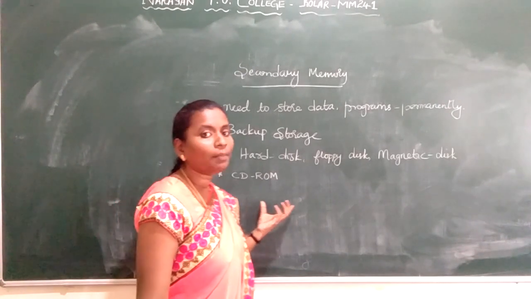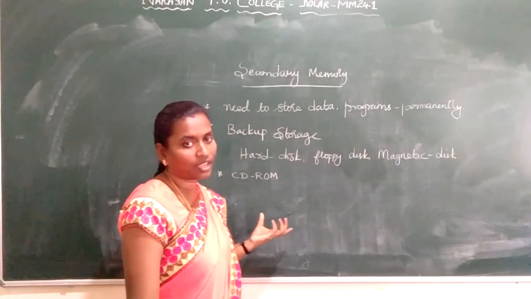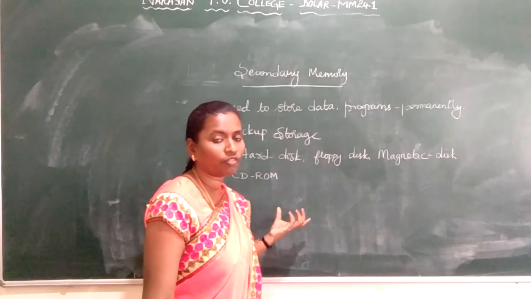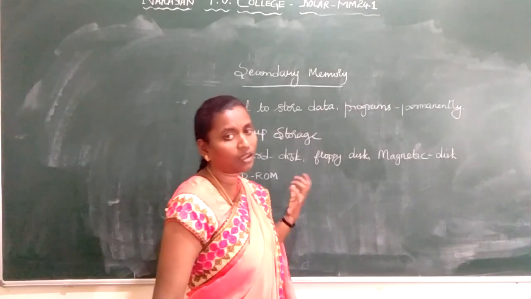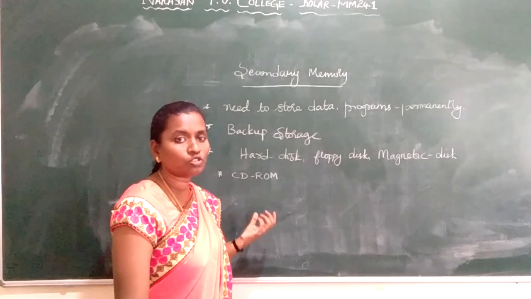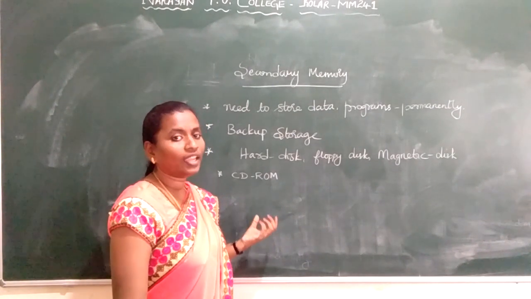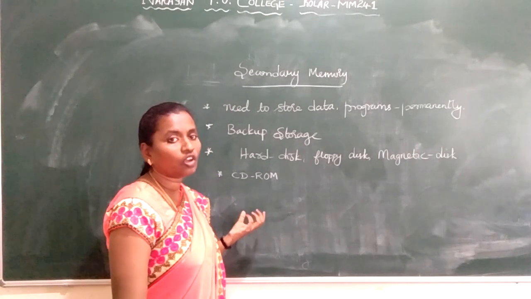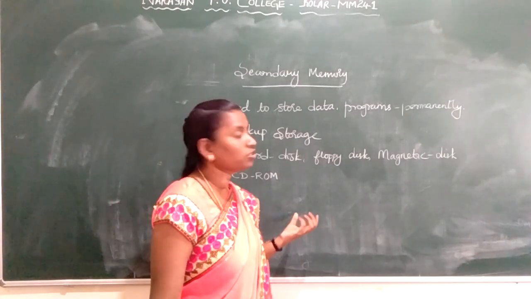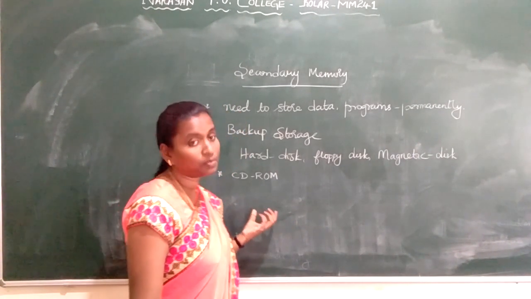Backup storage: for all your backup storage. See, data is everywhere. In social media, your Facebook, your Twitter, your WhatsApp, wherever you see, data keeps coming. So we need a big database to maintain all the data. In order to maintain the data, we need to store it somewhere in a data warehouse. For that we need backup storage.